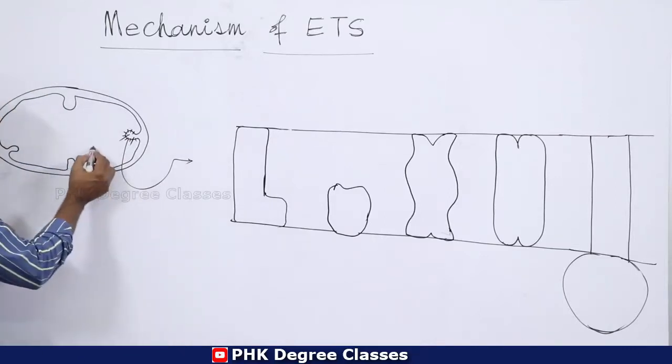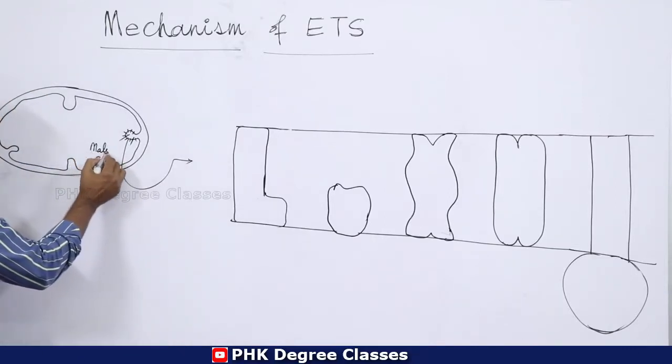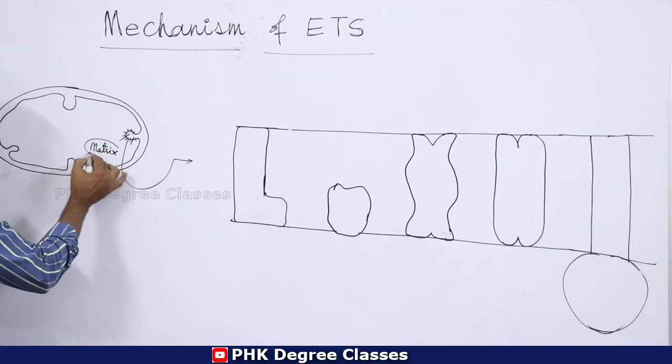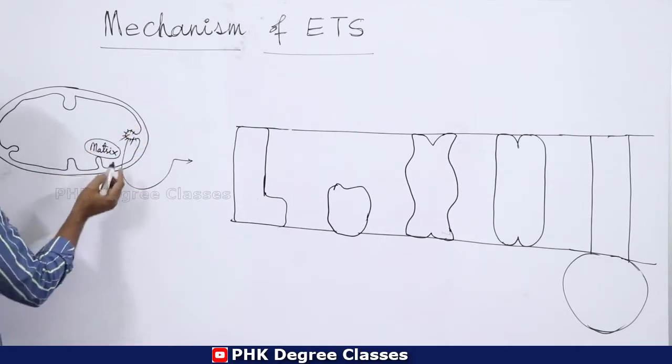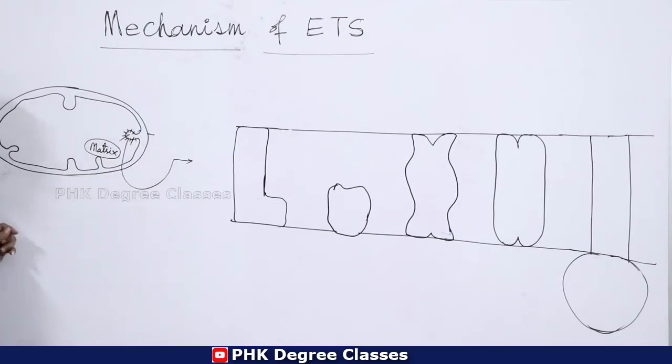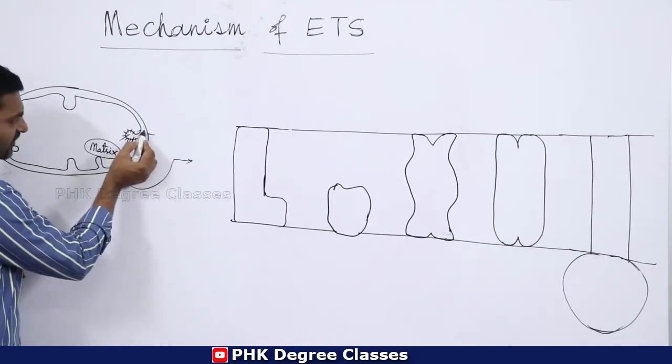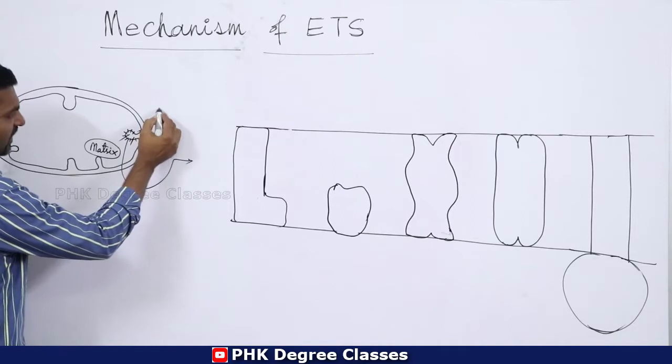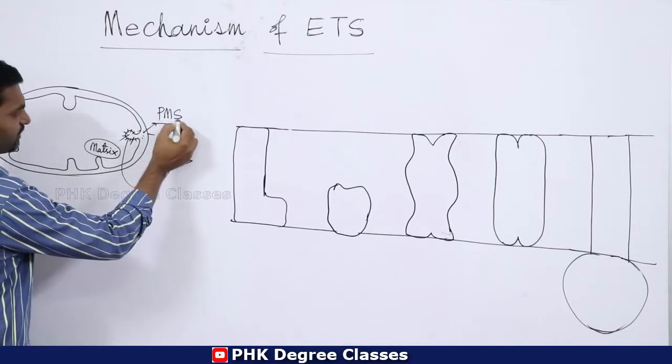This is the mitochondrial matrix. The space between the 2 layers, the outer layer and the inner layer, is called the perimitochondrial space, PMS.